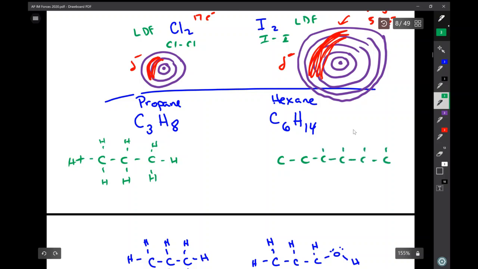I'm not going to draw hydrogens on all of these. Assume there are hydrogens on each of those. Same thing: hexane is going to have a higher intermolecular force. Hexane is pretty much a liquid at room temperature, whereas propane is basically a gas at room temperature. Because hexane is a lot larger, you have more areas where the electrons can shift from one side to the other, so you have a larger electron density. So this one will work.